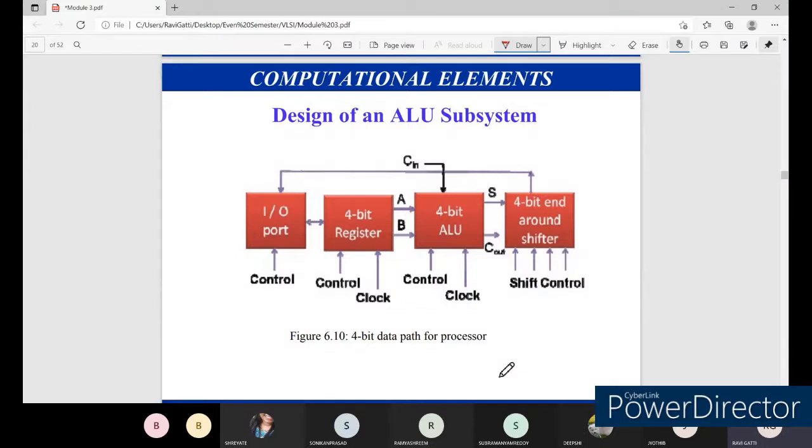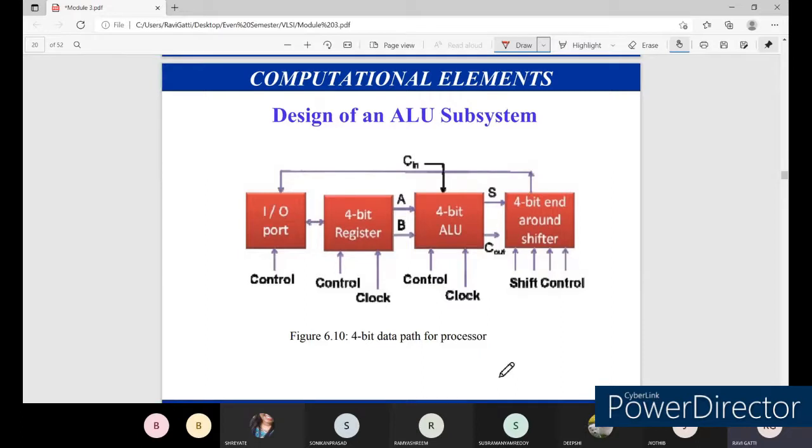We need to add one more important component for this adder, which we have discussed in this diagram. What are the various components we have here? You can see input output ports, 4-bit registers, and 4-bit end-around shifters.